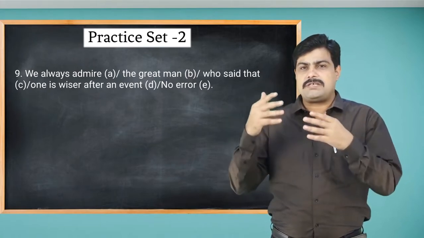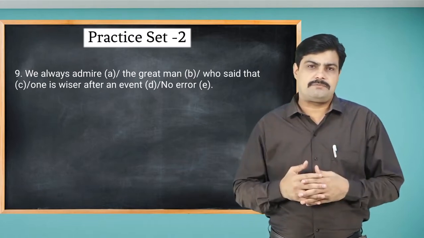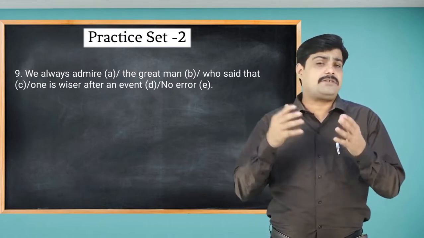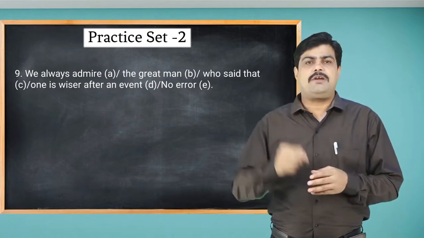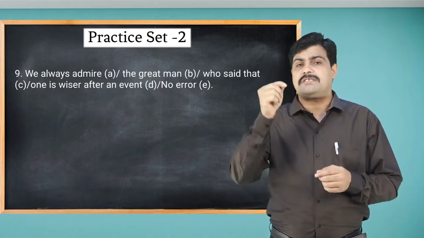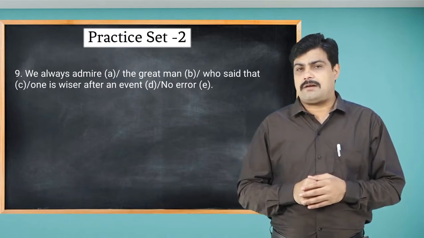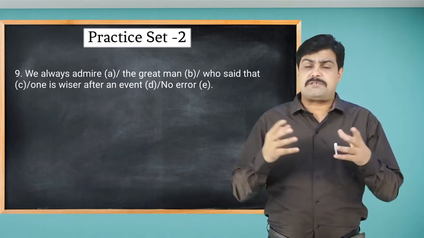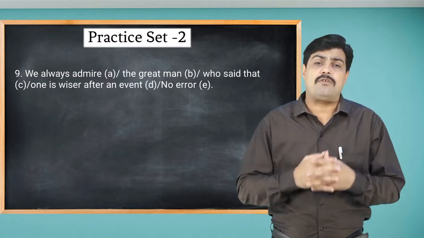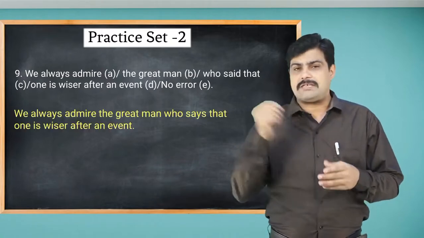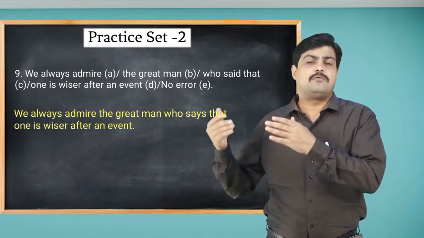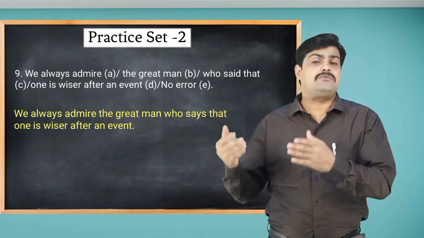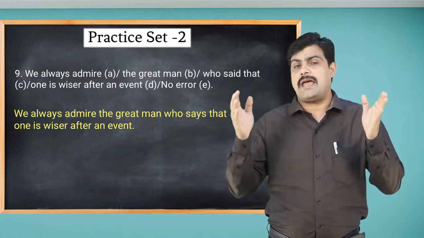So part C of the sentence is wrong, as it is in past. So remove the verb said and use the verb says. Like you see, William Shakespeare says, brevity is the soul of wit. Now see the correct sentence. We always admire the great man who says that one is wiser after an event.